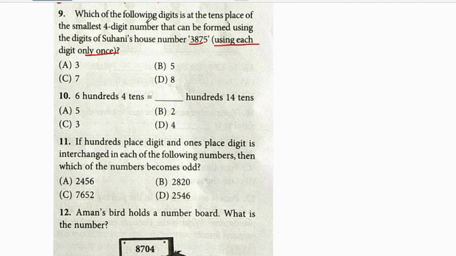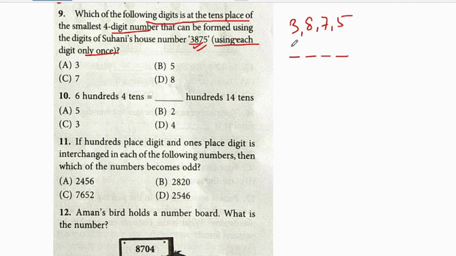Alright, so the question is, which of the following digits is at the tens place of the smallest 4-digit number that can be formed from the given digits 3, 8, 7, 5? Smallest 4-digit number. So 1, 2, 3, 4.